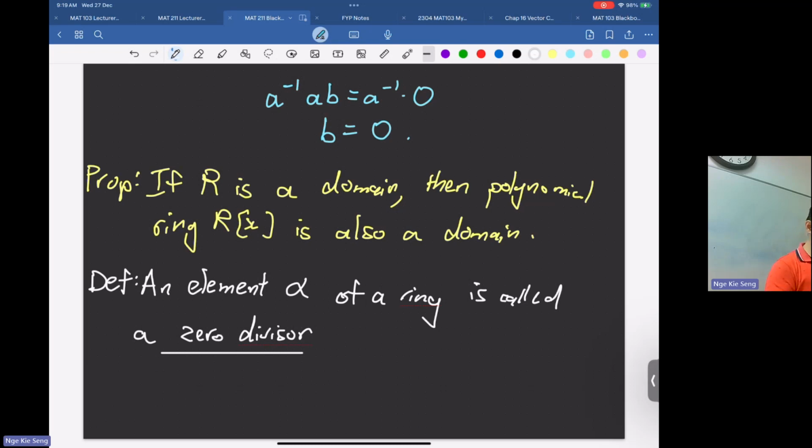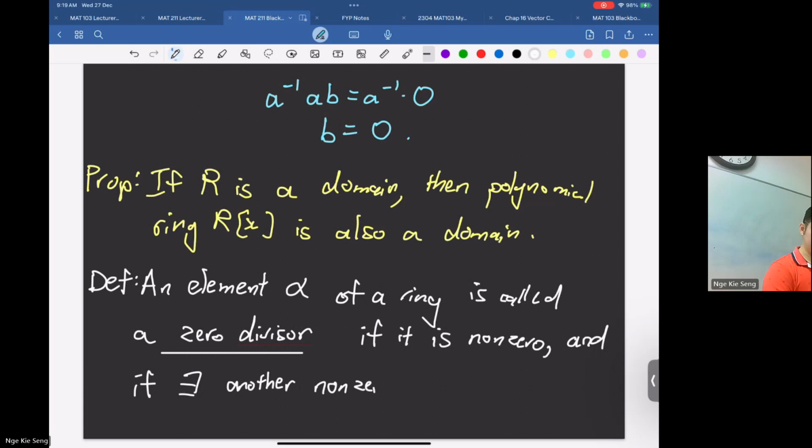So what does this mean? Something is called a zero divisor if, first of all, it is non-zero. We don't want 0 to be a zero divisor. And there exists another non-zero element B such that, let's write this alpha as A, AB equals 0.